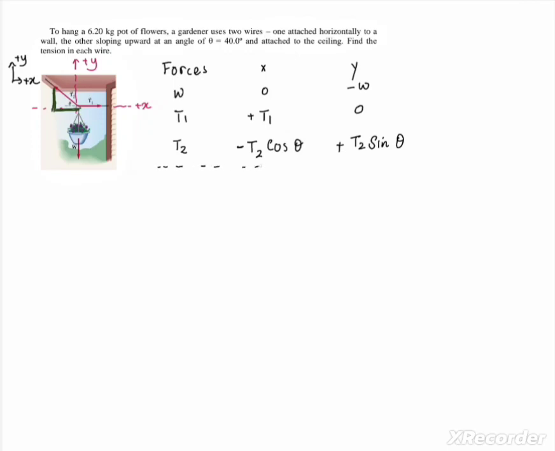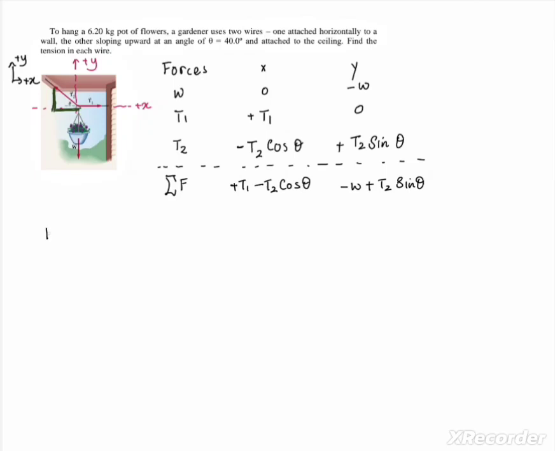So if we were to add these up to get our summation of components, then we have T1 minus T2 cosine of theta, and then minus W plus T2 sine of theta.